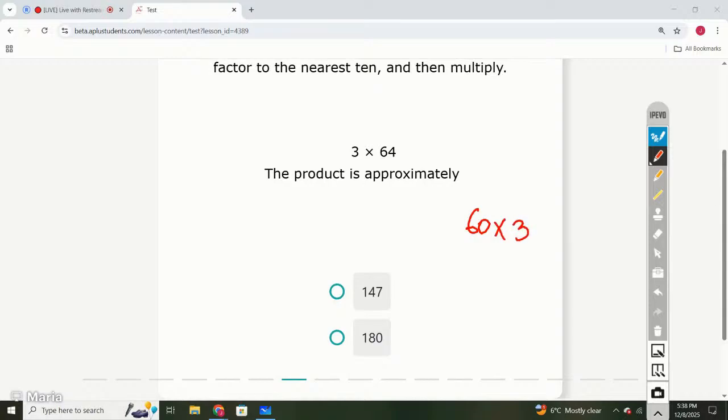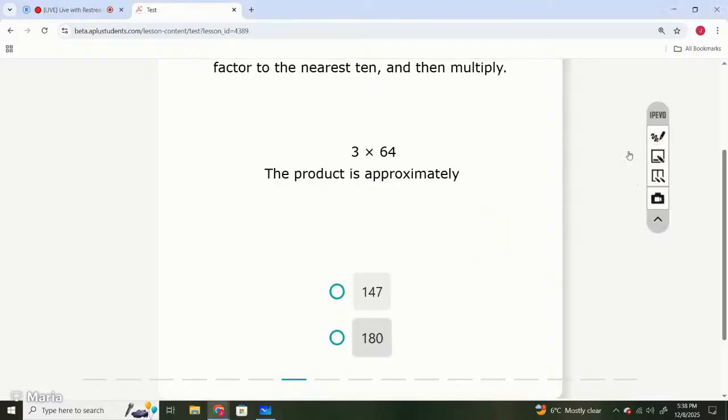So we have to do 60 times 3. So 3 times 6 is 18. So that is 180. Option number 2 is the correct option.